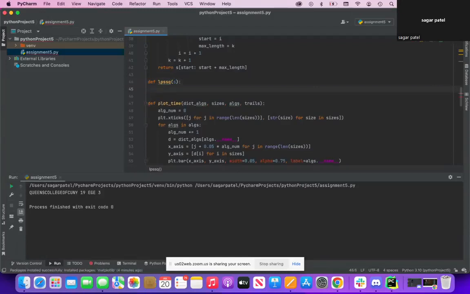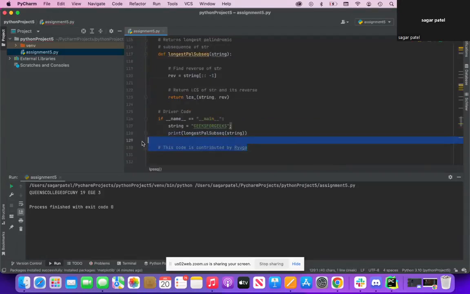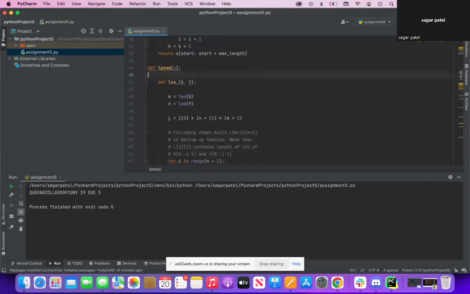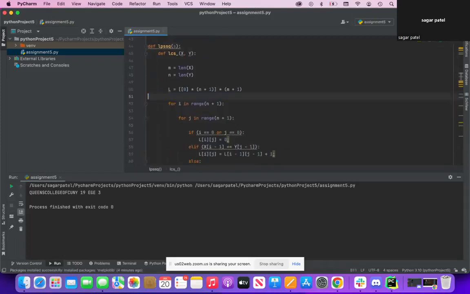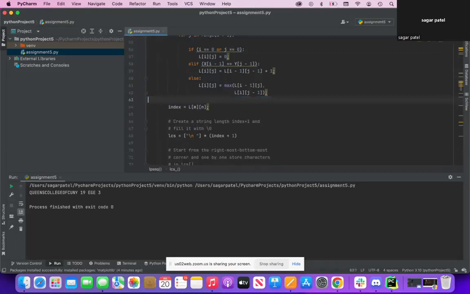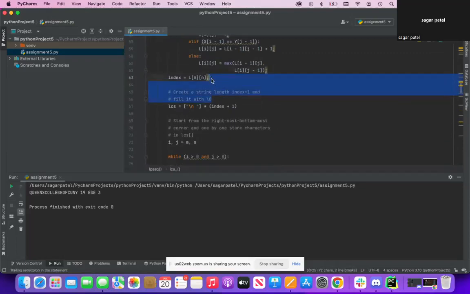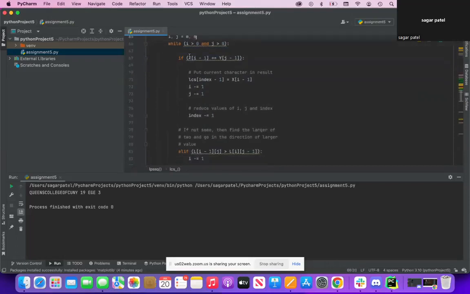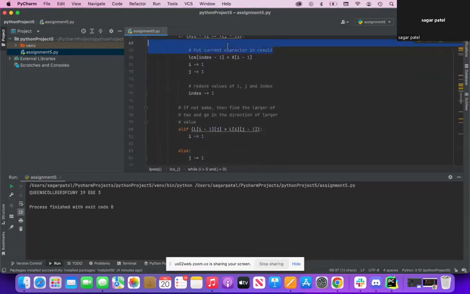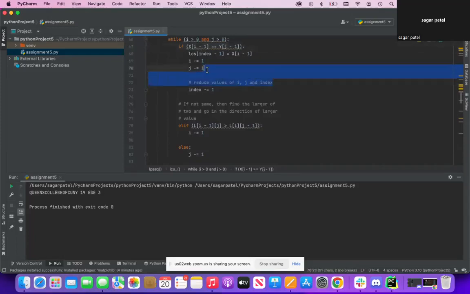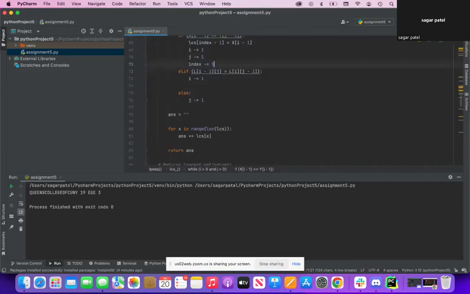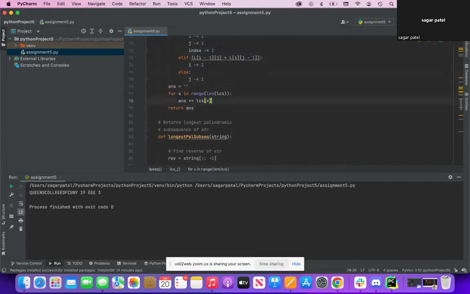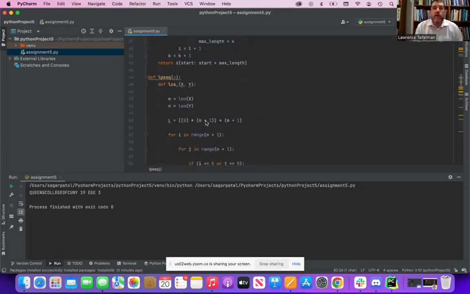Yeah. Okay, so it actually requires another function.